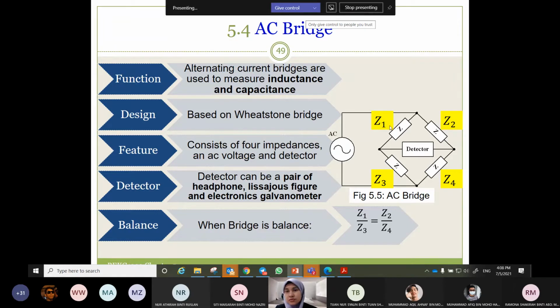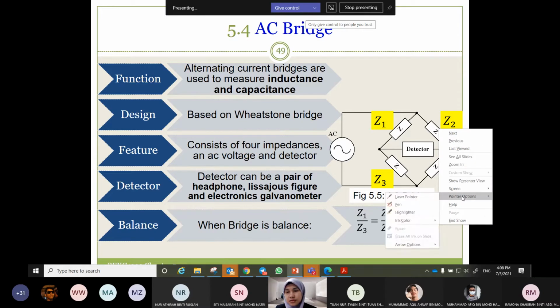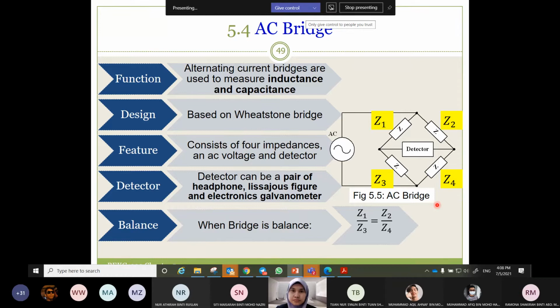So the same equation for balance condition. In DC circuit we have R1, R4 is equal to R2, R3. R2 multiply with R3, or Z1 over Z3 is equal to Z2 over Z4. So now we use the term Z. Z is impedance.